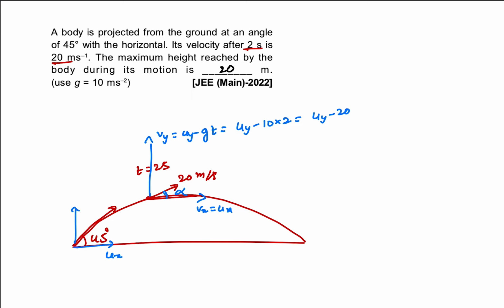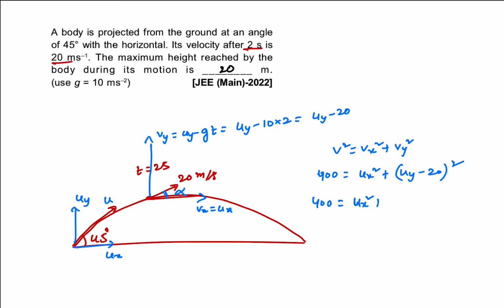Now this value is Ux, here is Uy, and this is u. I write v square is equal to Vx square plus Vy square. V square is 400, Vx square is Ux square, and Vy square is Uy minus 20 whole square.